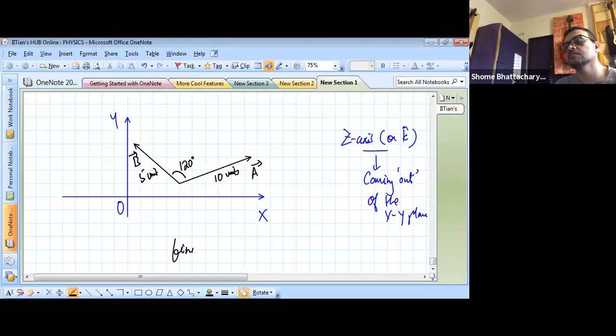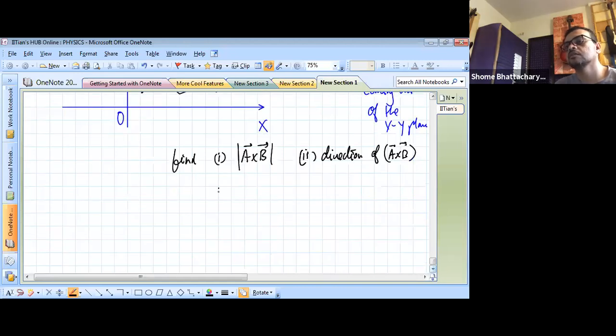Then find, first of all, the magnitude of E cross B. Then second, the direction of E cross B. And then finally, E cross B in vector form. Okay, so just wind up with this question. We will try this out.